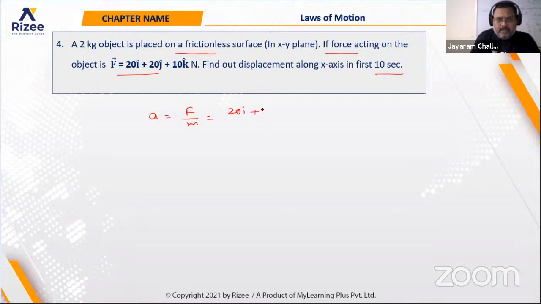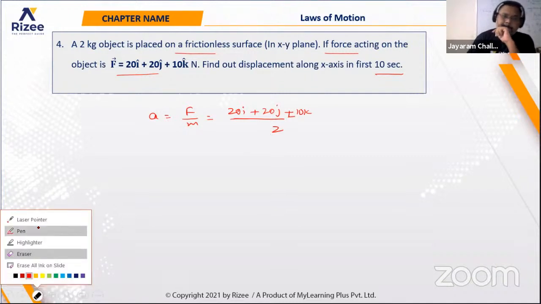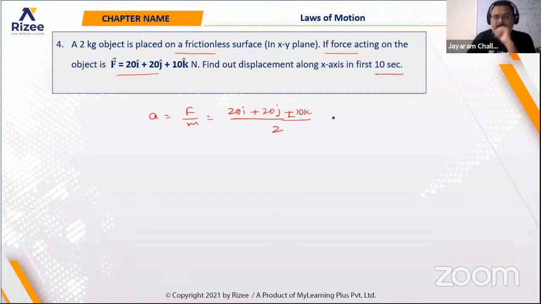Force is 20i plus 20j plus 10k, divided by the mass of 2 kgs. On solving this, acceleration is equal to 10i plus 10j plus 5k.